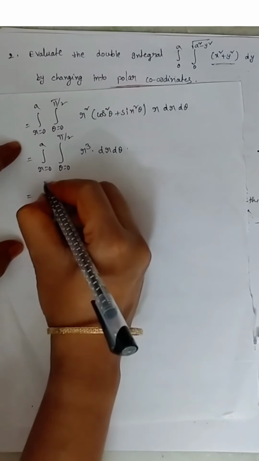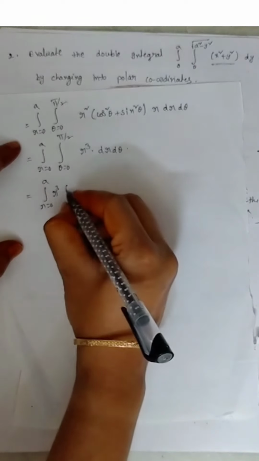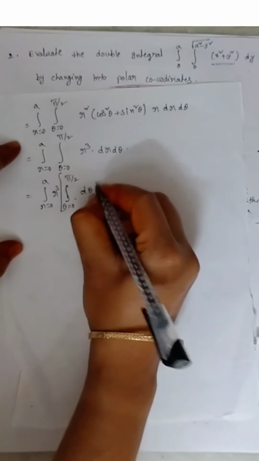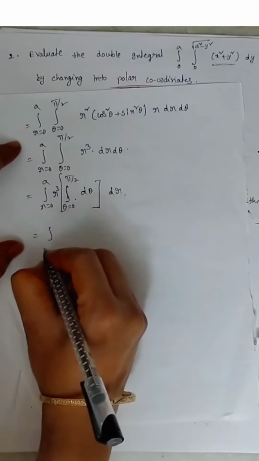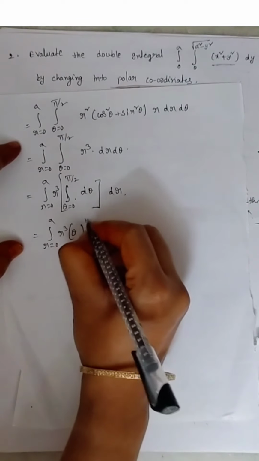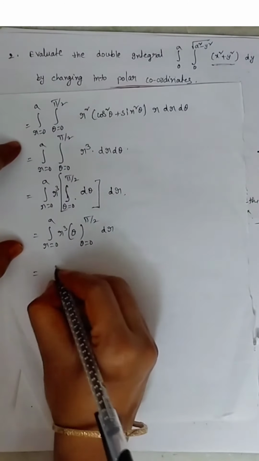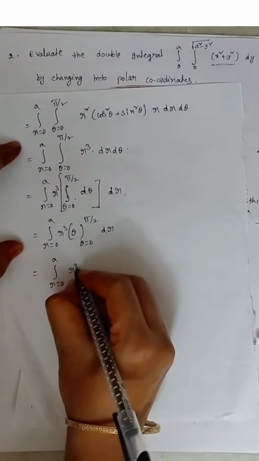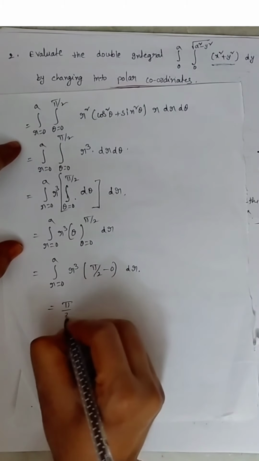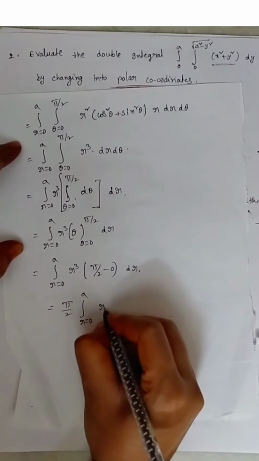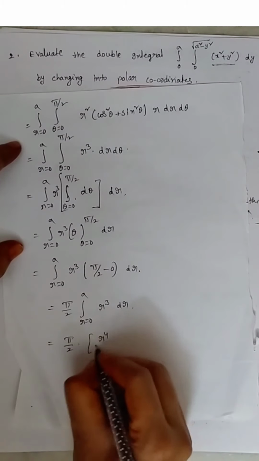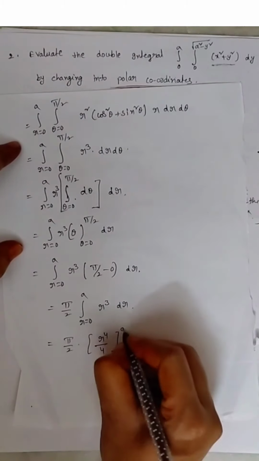So first I am going to integrate with respect to theta. r cube is outside, theta equals to 0 to pi by 2 into d theta into dr. Integral of d theta means theta. r cube into theta, limits theta equals to 0 to pi by 2 into dr. This equals integral r equals to 0 to a, r cube into upper limit minus lower limit, so pi by 2 integral r equals to 0 to a, r cube dr. Integral of r cube means r power 4 by 4, r equals to 0 to a.